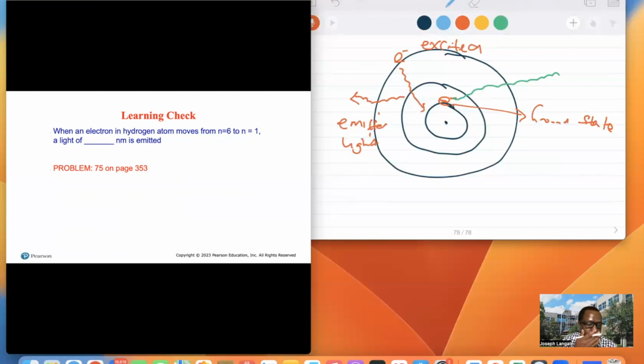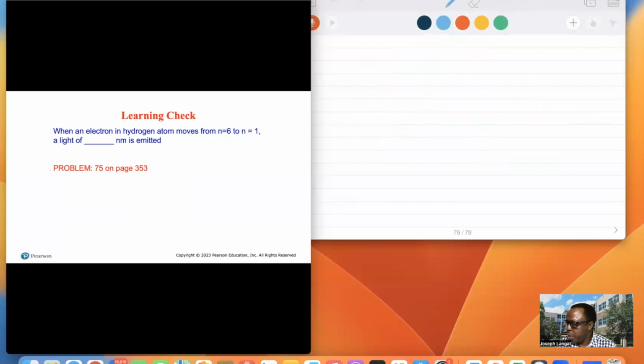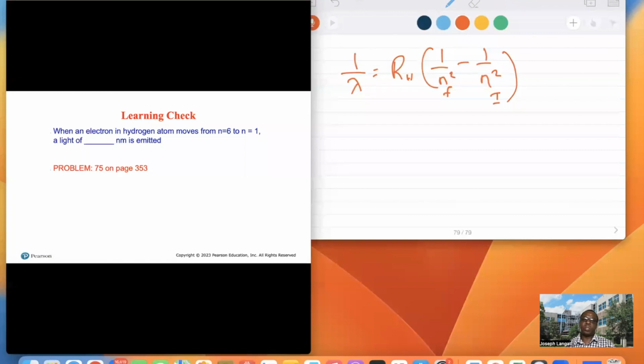What do we need to do here? We need to calculate the wavelength, which is R_H times 1 over n final squared minus 1 over n initial squared.